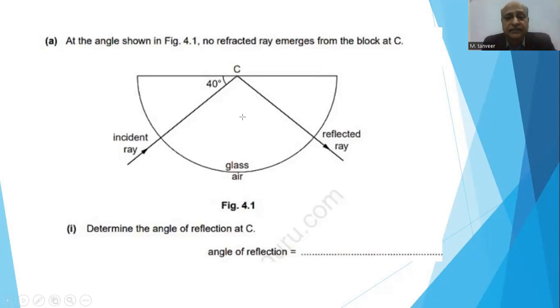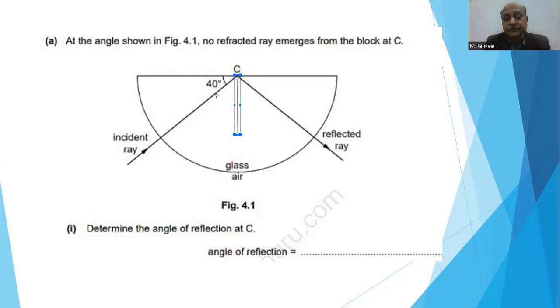So what is the angle of reflection? It is the angle which the reflected ray makes with the normal. First of all, you have to draw the normal. Normal means a line which is at 90 degrees. This is the normal. Then you have to measure this angle.